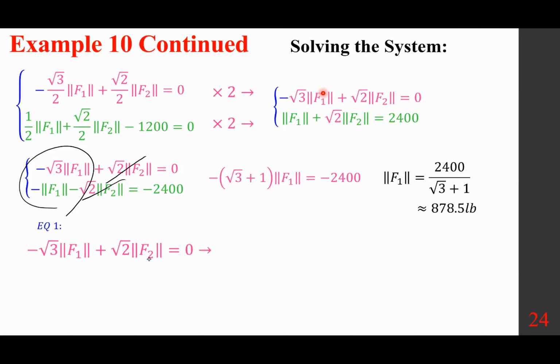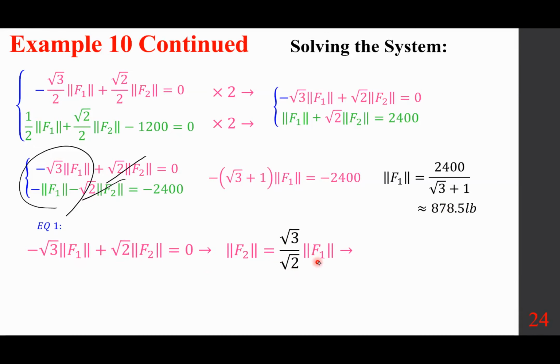To do that, I hope you realize this is the same. If you move it to the other side, you can write f2 is minus square root of 3 f1 divided by square root of 2, minus over minus becomes positive. I hope you see it's simple elementary algebra work here. So move this one to the other side and then divide by square root of 2.